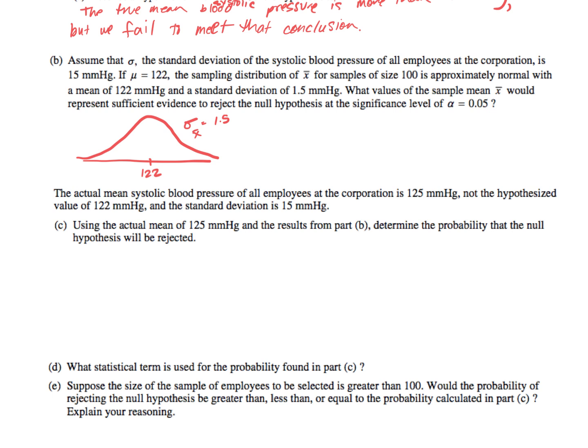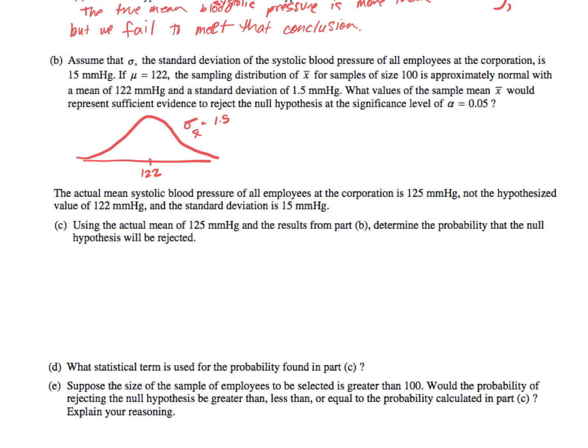Now, they didn't need to tell us this. I could have asked you, describe the distribution of X bar as approximately normal, because my sample size is 100, which is greater than or equal to 30, we're good.